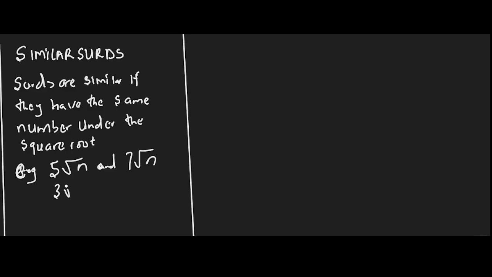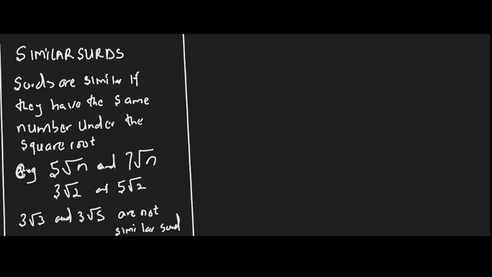Likewise, 3 root 2 and 5 root 2 are similar surds. Then, e.g. now, 3 root 3 and 3 root 5 are not similar surds.